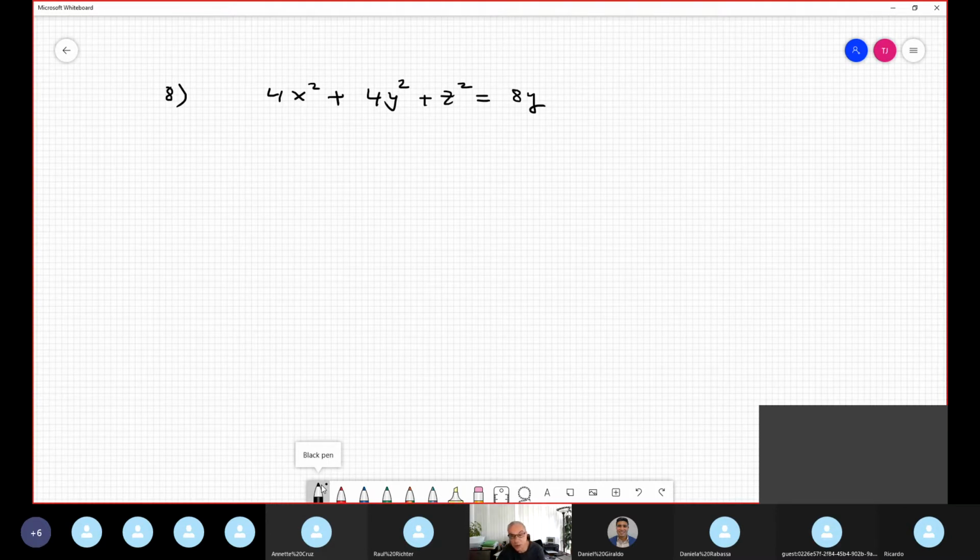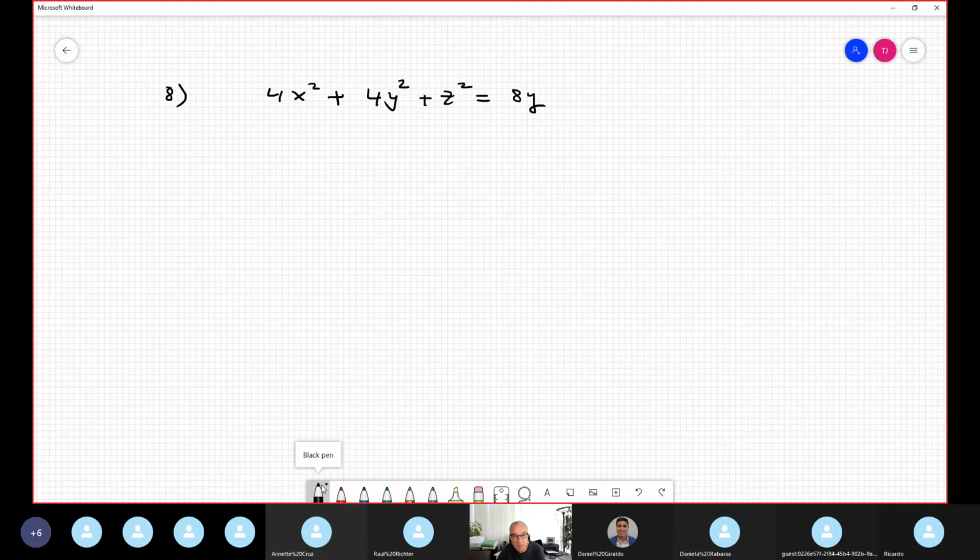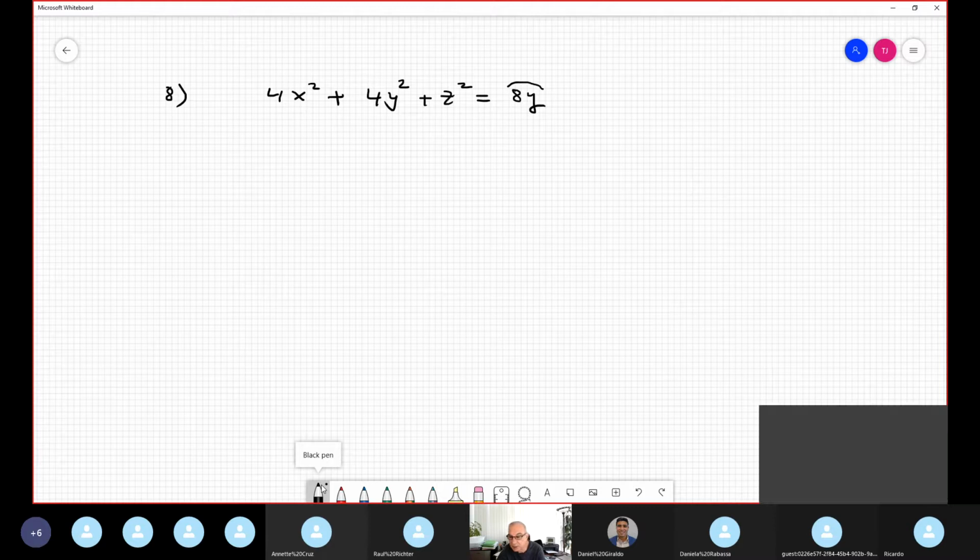Elliptical paraboloid. Okay, good. Look, maybe the confusing part, you see, we have a linear term here. No, I don't care, because when every variable, x, y, z, is squared, es obvio que es ellipsoid.